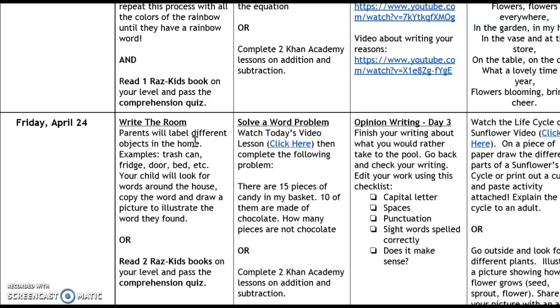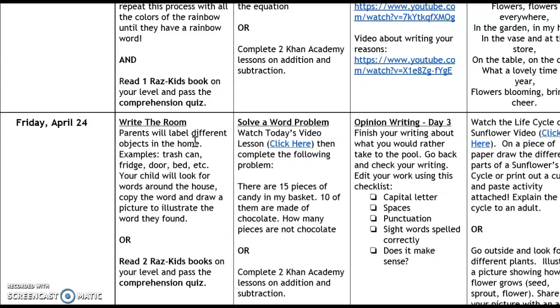And telling them the correct spelling of ones that aren't so easy, like the DG in fridge, and have them go around and label the house if you're busy doing work and you need them to have an activity. And then after they go around and label the house, they can go around with a clipboard or a book or something that they can push on and write on a piece of paper, find all the words and write them down. So that's write the room.